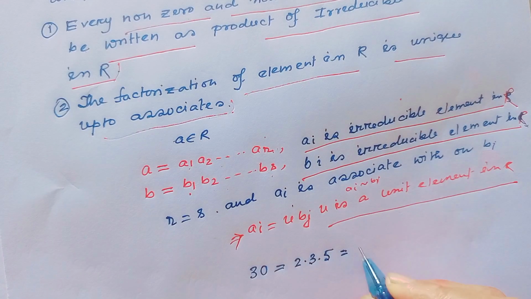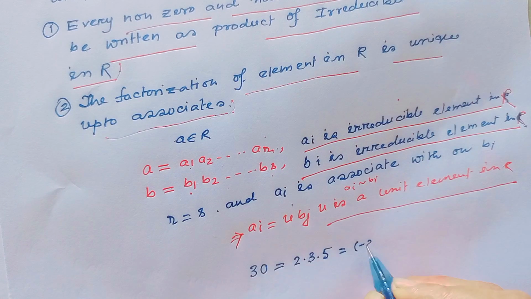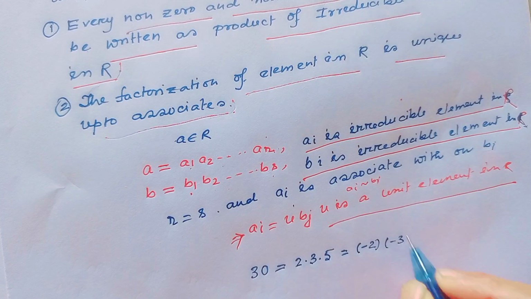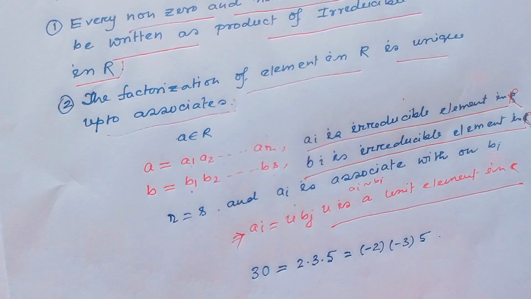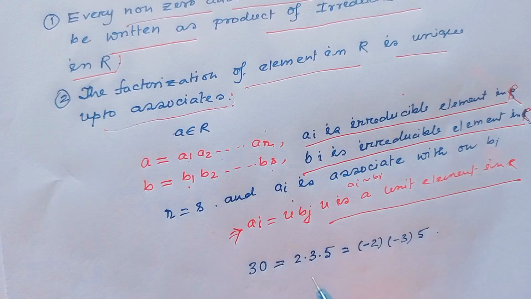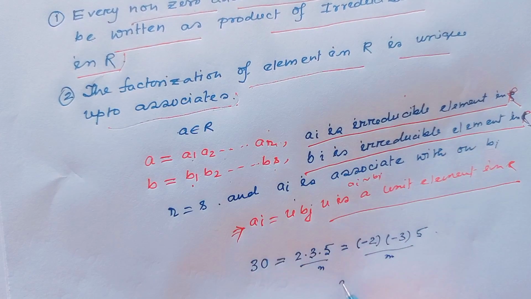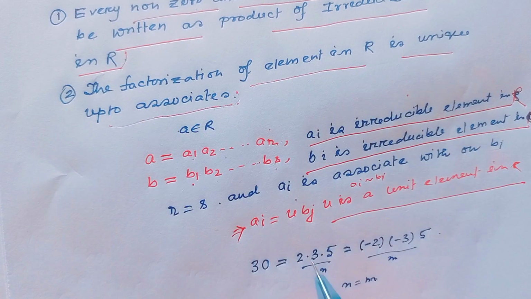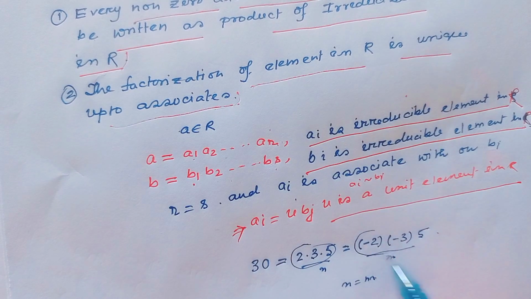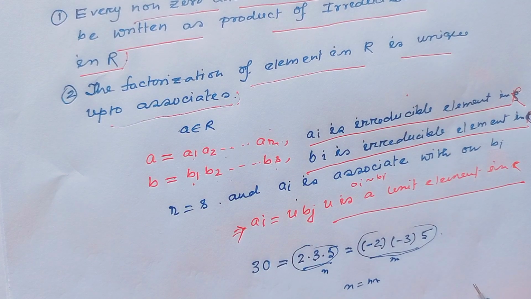Also we can write this as minus 2 times minus 3 times 5. Here, if this is n and this is m, n equals m. The number of elements here and here are the same.